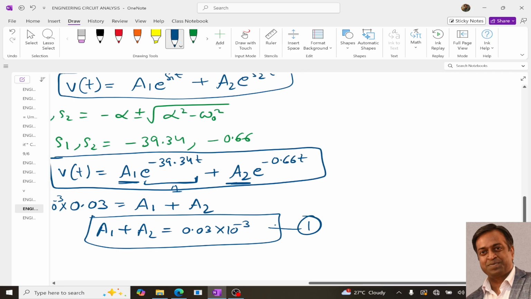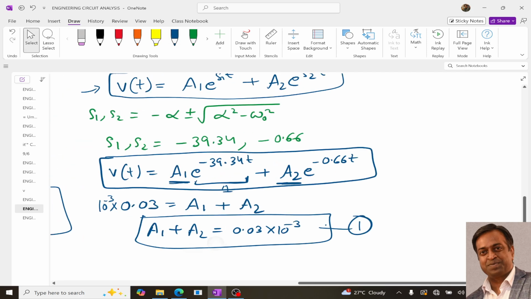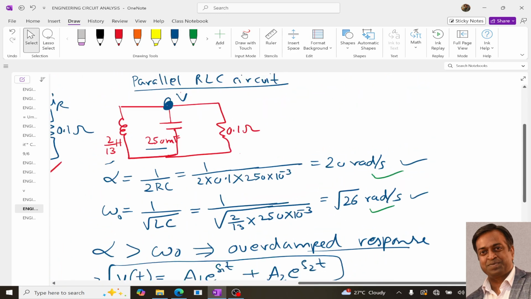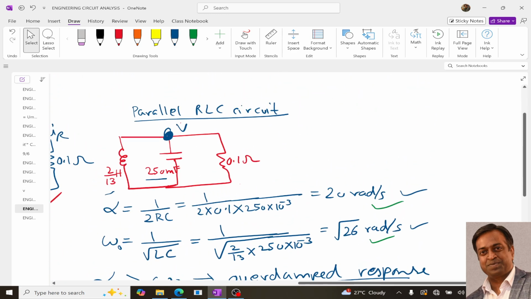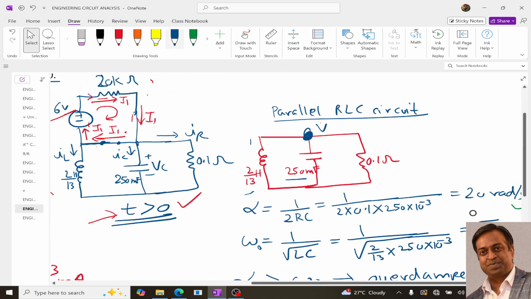So this is our first equation. Now to get the second equation, we know that it is the voltage across the capacitor, inductor, as well as across the resistor, right? Like this is our IL, this is our IC, and this is our IR, right?